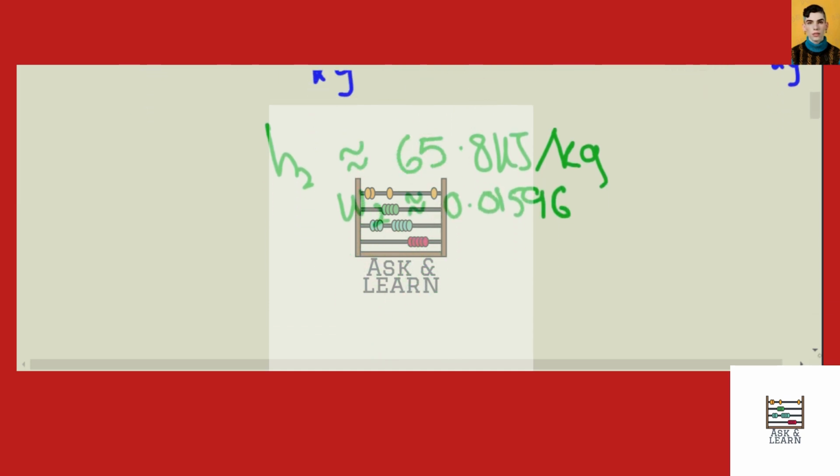Right, now that we have these values, we can use the psychrometric chart to determine the temperature that is required, depending upon these values, right? So the temperature would be equal to 25 degrees centigrade, right? And this concludes our solution for this question.